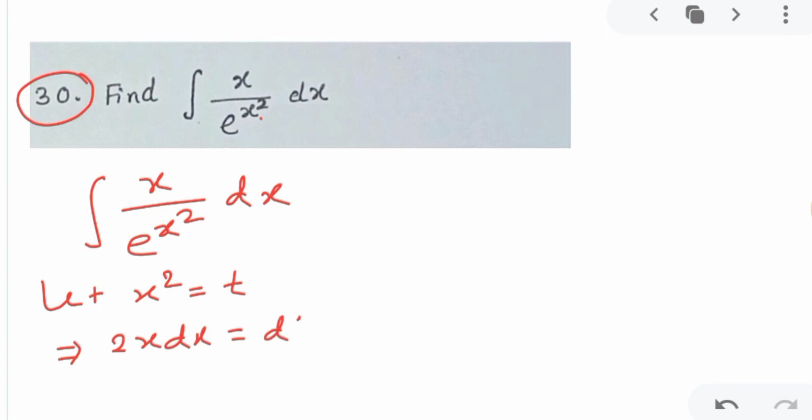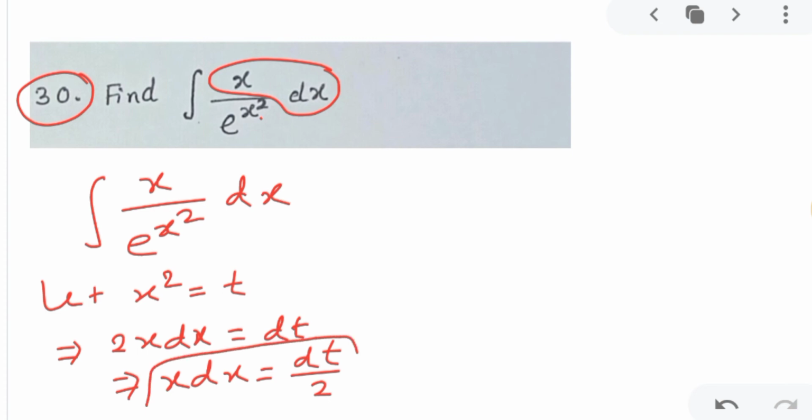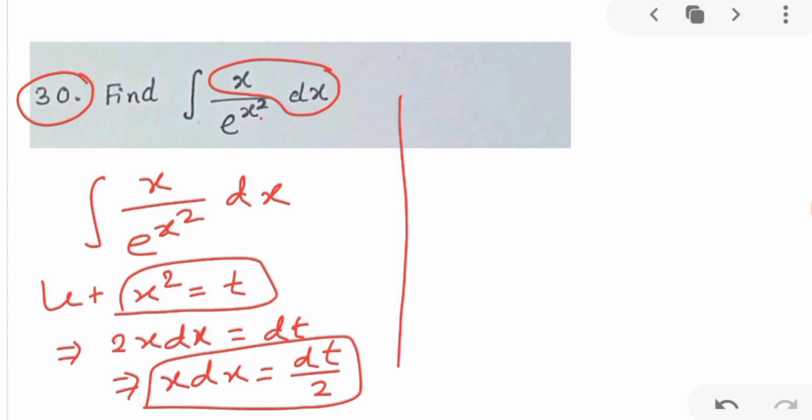I explained many questions of this type, so I am doing it a little bit fast. If you are not comfortable, then you can pick 1 or 2 videos in the playlist and practice those questions. So I can write x dx as dt upon 2, and x square is t. Now I will replace the values here.